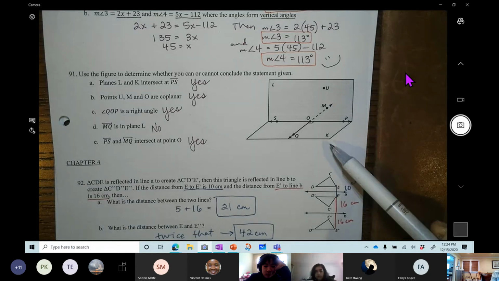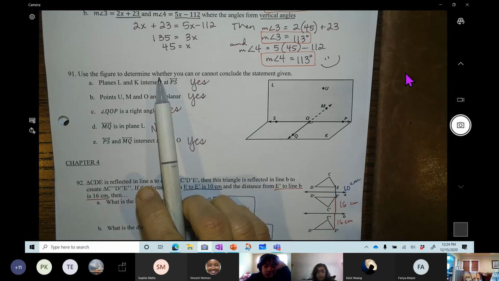This is plane K. Use the figure to determine. So plane L and K intersect at PS. Yes, there's line PS. That is the intersection. Points U, M, and O are coplanar. U, M, O. They're all in this plane. Yes, I can tell they're in the plane.